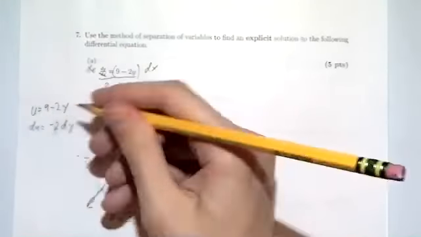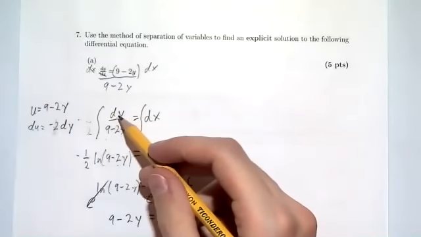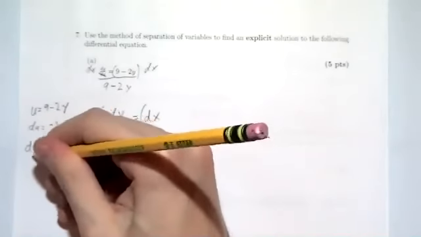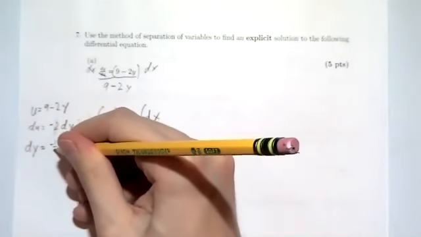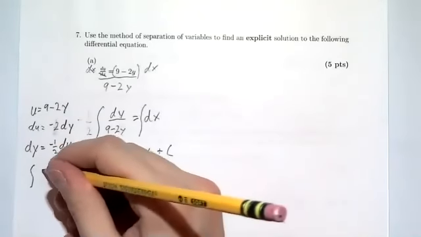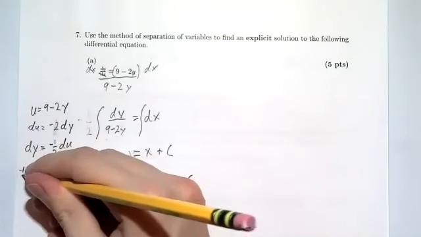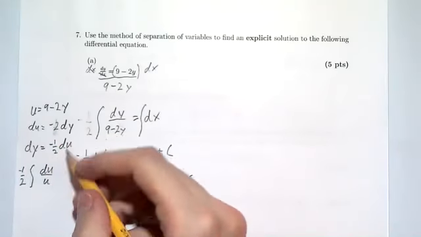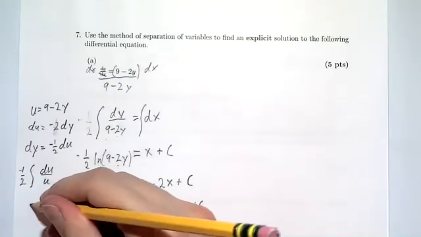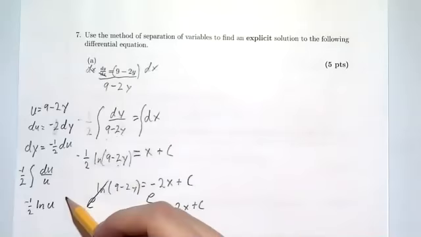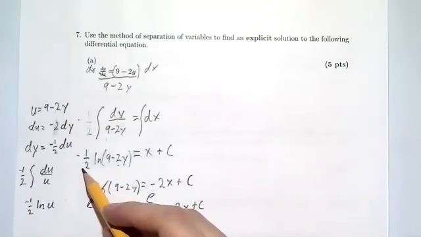Since we don't have a -2 in here, we have to divide by -2, so we get dy is equal to -1/2 du. So then our integral would become -1/2 on the outside, then du over u, which is the natural log of u. So we get -1/2 natural log of u. U is equal to that, so that's where we get this entire thing.